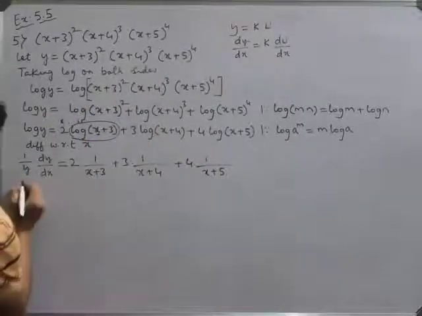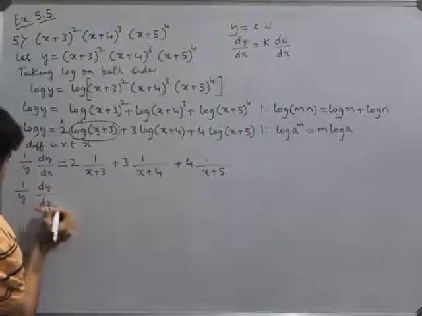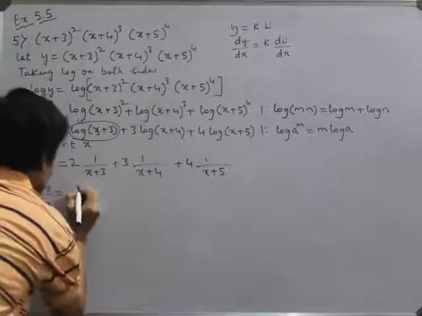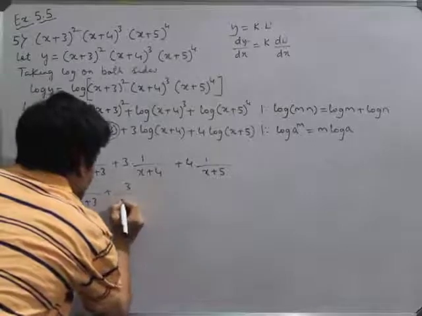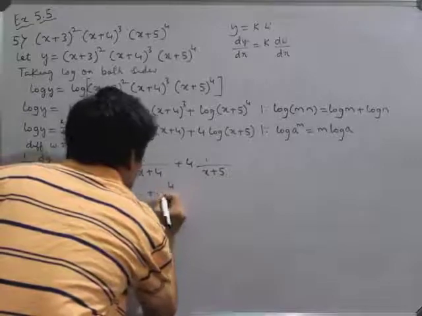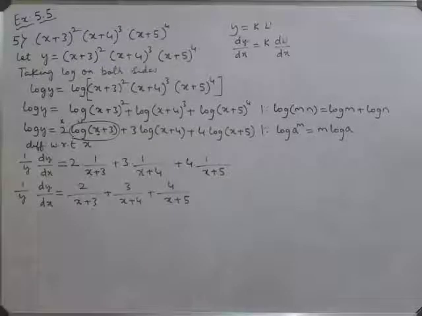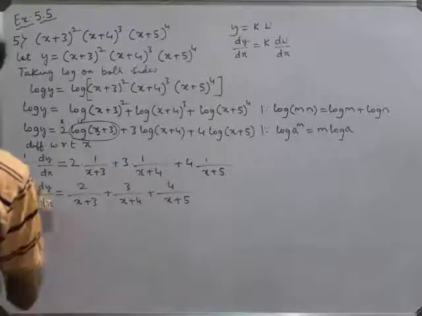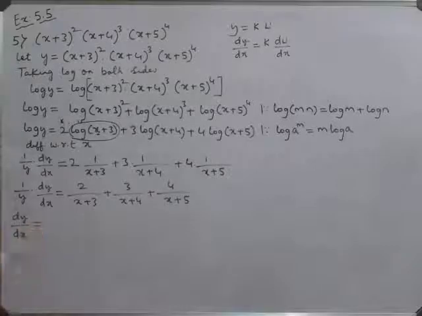So next step. 1 by y into dy by dx is equal to 2 divided by x plus 3 plus 3 divided by x plus 4 plus 4 divided by x plus 5. Next, you have to take the LCM. Now dy by dx is equal to, here y will go to the numerator part.